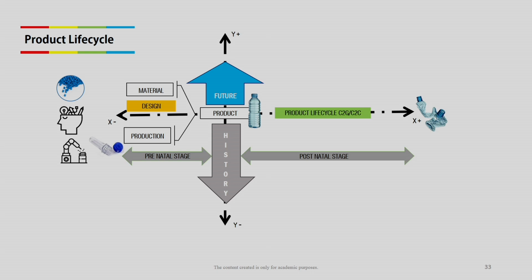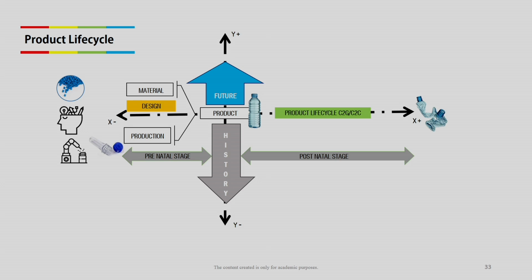So, in the prenatal stage the product will be manufactured, and then the product takes birth. Basically the product is introduced in the market. In the postnatal stage the product goes for use. The user uses it, and then after use they can throw it.